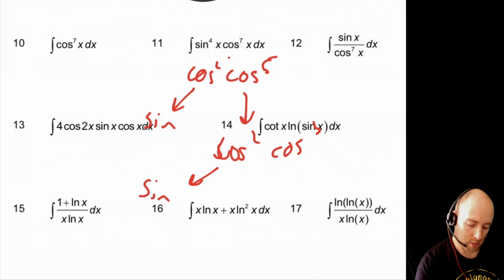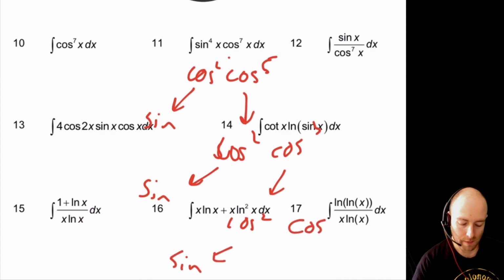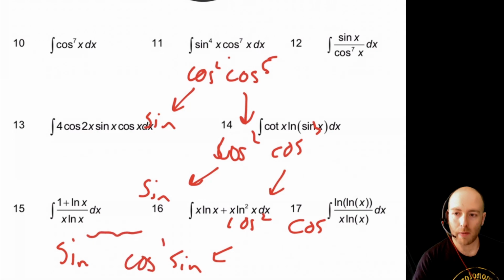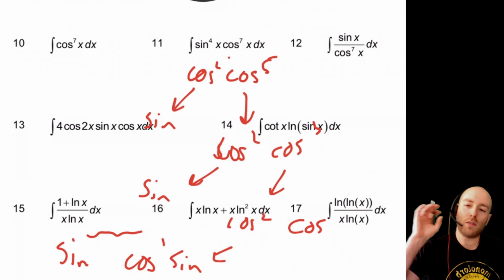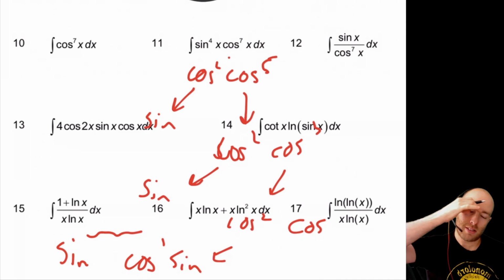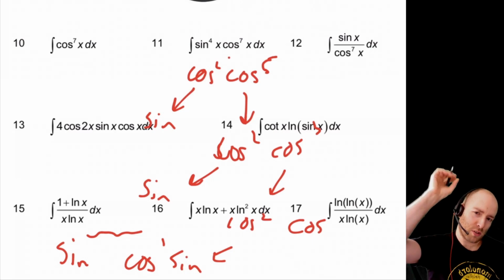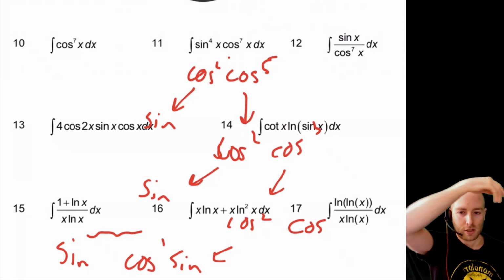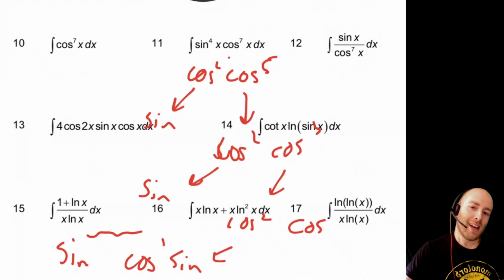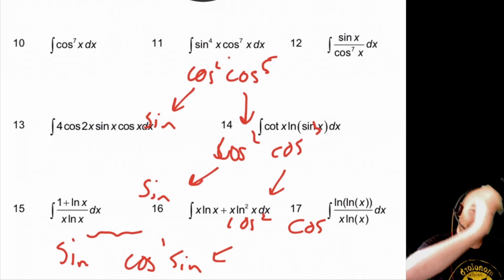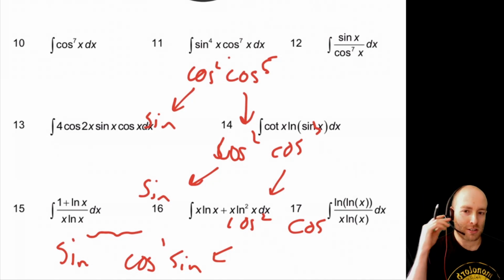Change that into sine. Then change cos cubed into cos squared cos. Turn that into sine. And then you're going to have sine to the something big, cos to the 1, and then you can use the recognition. But you've got 6 or 7 terms of cosine to expand and integrate all of them via recognition, and it basically looks like an expansion.